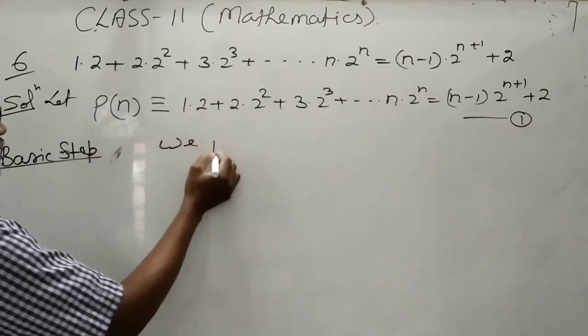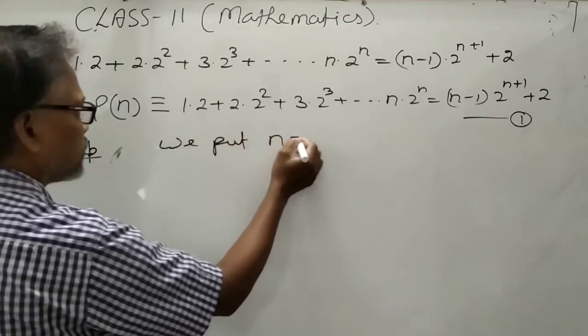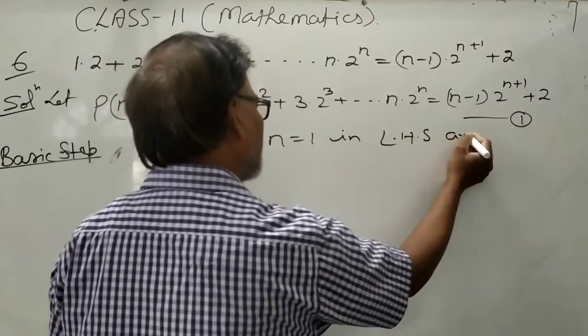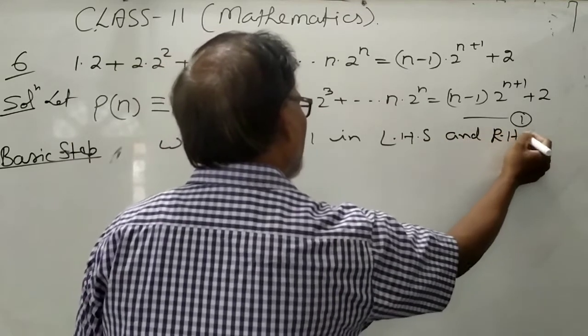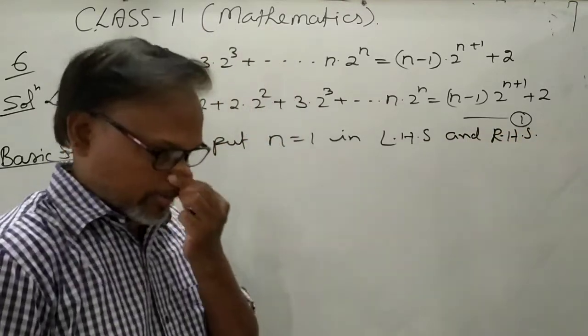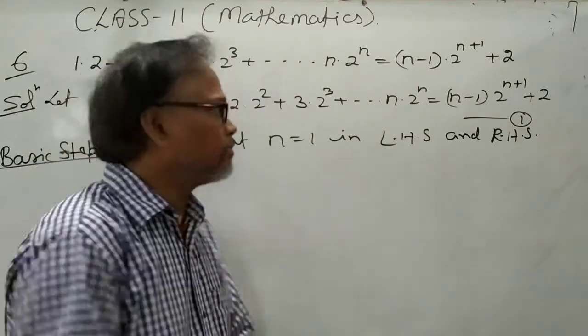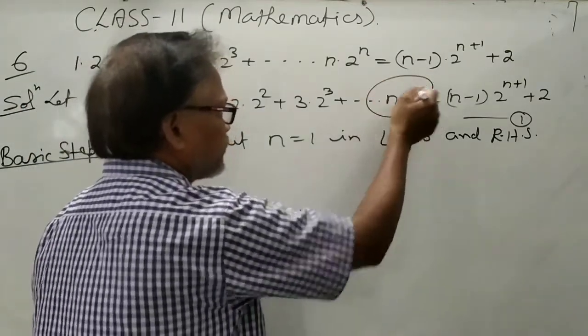Now, the basic step. We put n equal to 1 in LHS and RHS. In this chapter, when we talk about the LHS, it means the nth term.